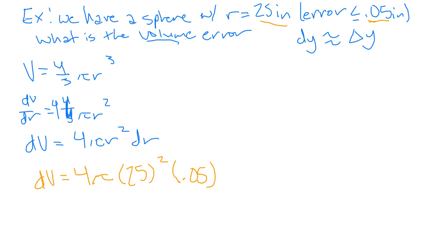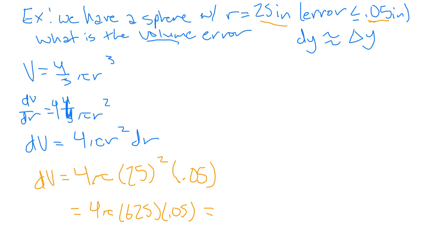All right, now let's look at this. If we plug this in, we get 4 pi times 625 times 0.05.